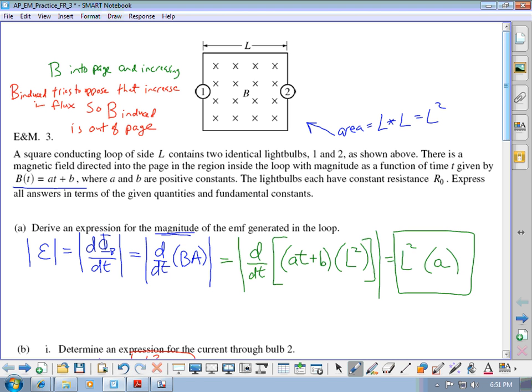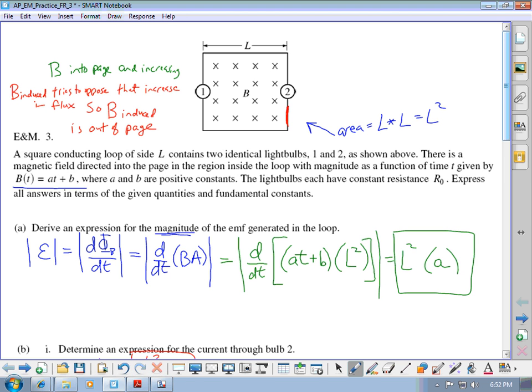So if I'm looking at the current through bulb 2, I need my fingers, when they're to the left of light bulb 2, to be pointing out of the page. So I need the magnetic field at the center of that square, due to this current around it, to be pointing out of the page.